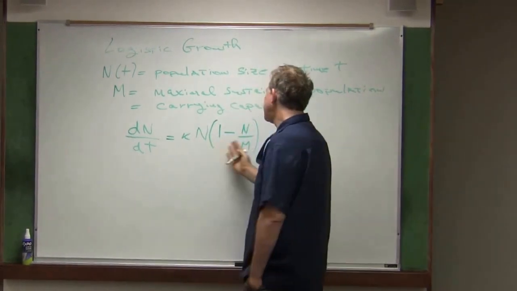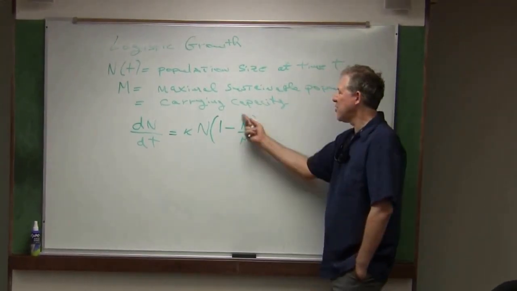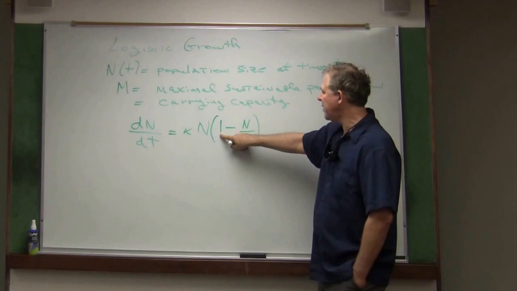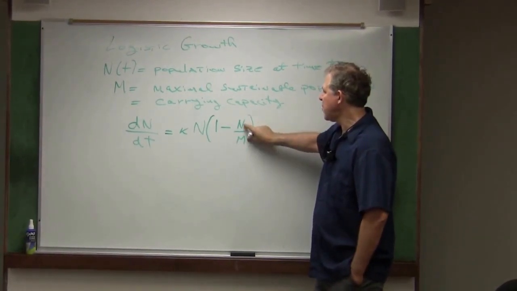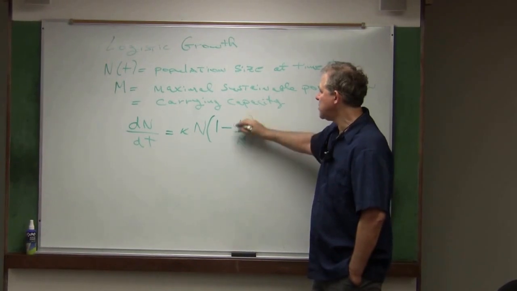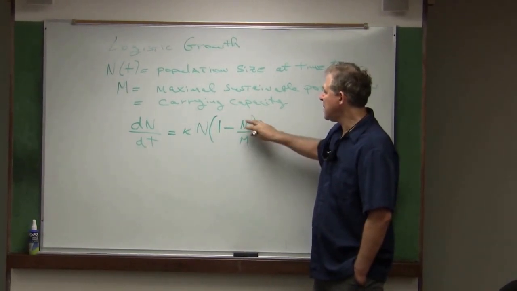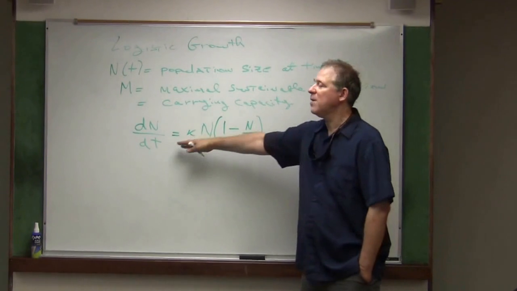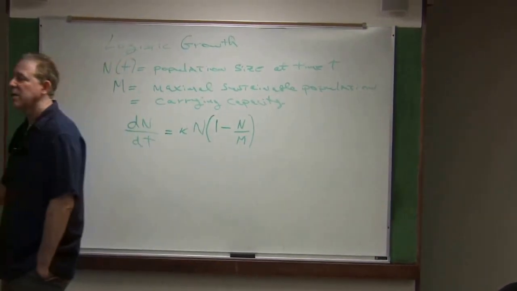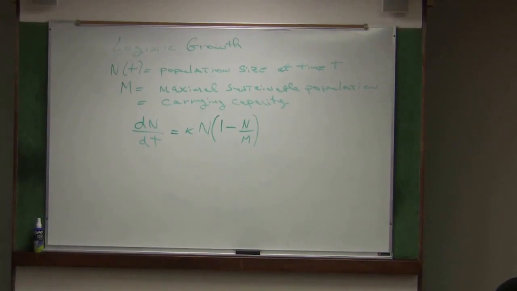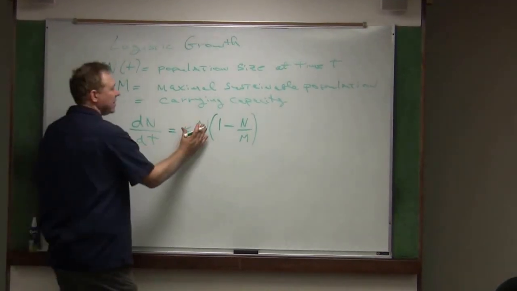In other words, this factor here is kind of a deterrence, because if N starts to get big and approach M, this is almost 1. So 1 minus something almost 1 will be small, and that will slow down the rate of change in the population.